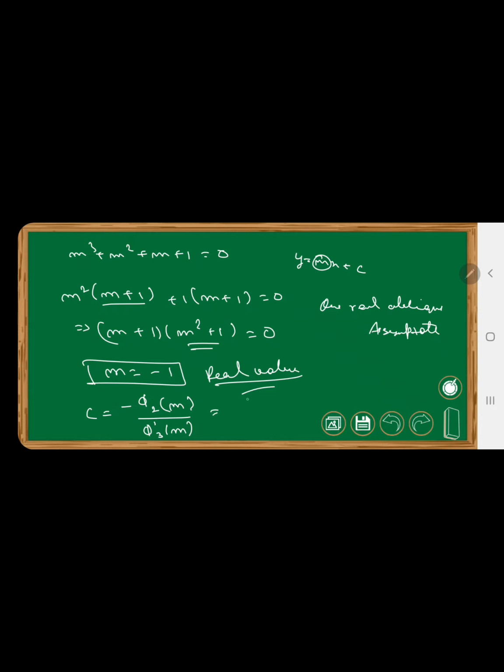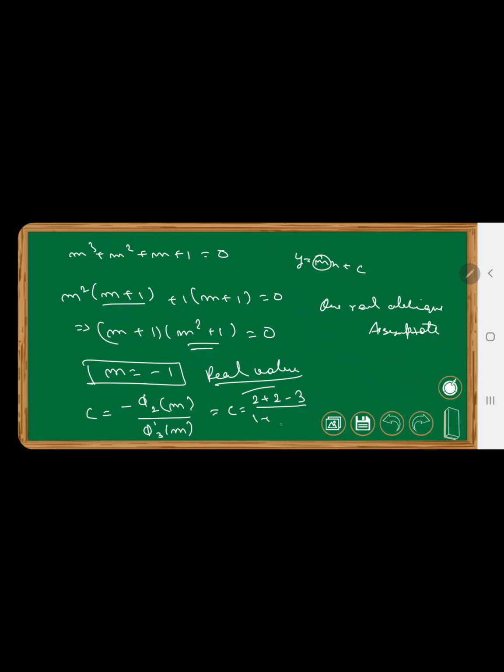So m is minus 1, so c becomes, what is phi 2 m? Let me remember. Phi 2 m was basically 2 plus 2m square plus 3m. So minus 3 over phi dash 3 m. So phi dash 3 m will give you 1 plus 2m plus 3m square.